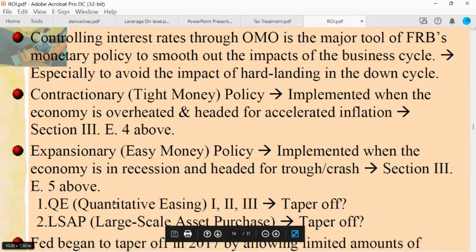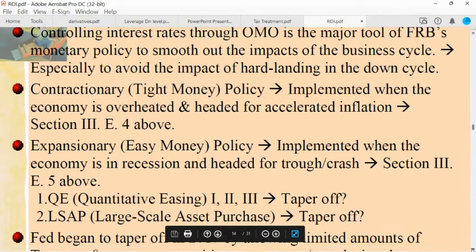But during the quantitative easing, it was actually large scale asset purchase, right? It was also called large scale asset purchase. So what's the difference? The Federal Reserve did not only buy back treasuries, but also they bought corporate bonds as well.